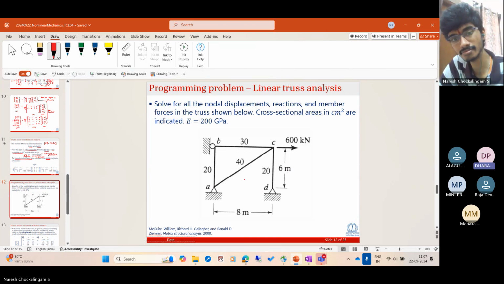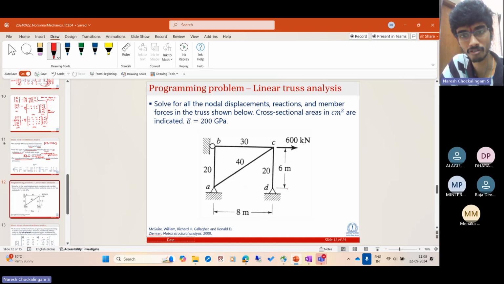It's a truss. It's not difficult, right?